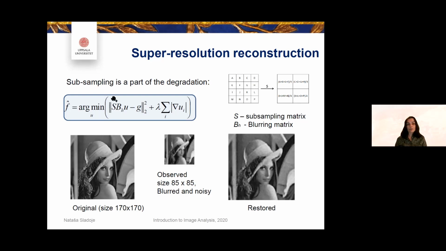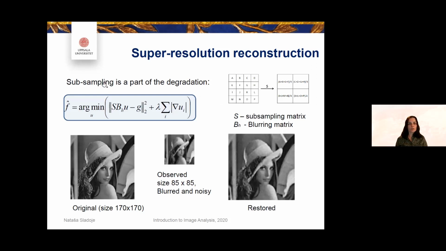And as long as we are able to formulate the degradation that we would like to recover or undo, as long as it is linear, which means that we can express it as matrix multiplication, we can use the same model and repeat the whole story and recover a number of other linear degradations that we may have in our images.